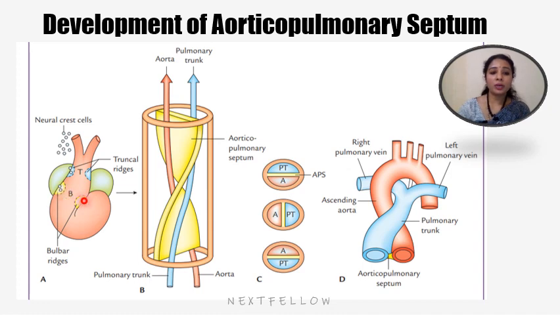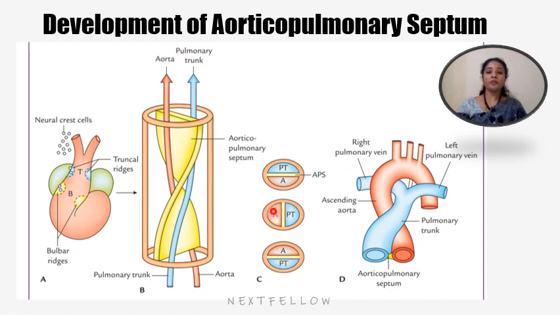So you can see the bulbar ridges, and we can see the truncal ridges. They are not one above the other, they are spirally present, and growth of these ridges forms this spiral septum, the yellow one. In the lower part we can see the aorta posterior, pulmonary trunk anterior.